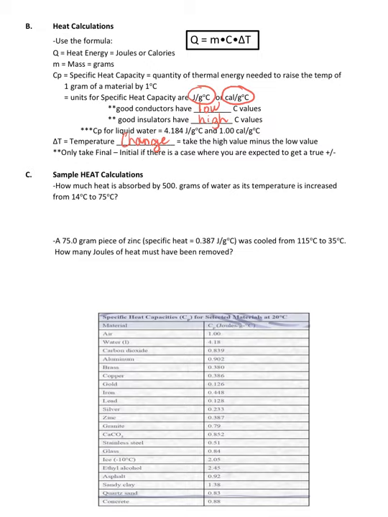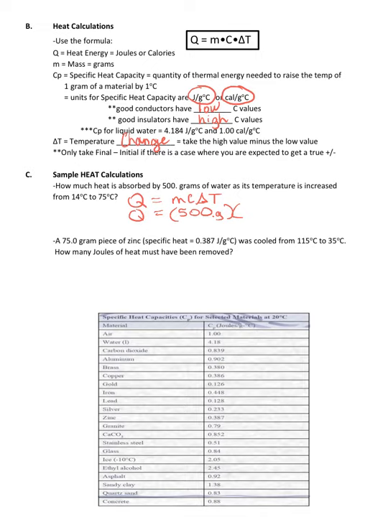All right, so let's look at some sample heat calculations here. How much heat, so if they're asking for heat, that's Q. So I know Q equals mc delta T, is absorbed by 500 grams of water as its temperature increases from 14 to 75. So we're substituting Q equals m, which is 500 grams.